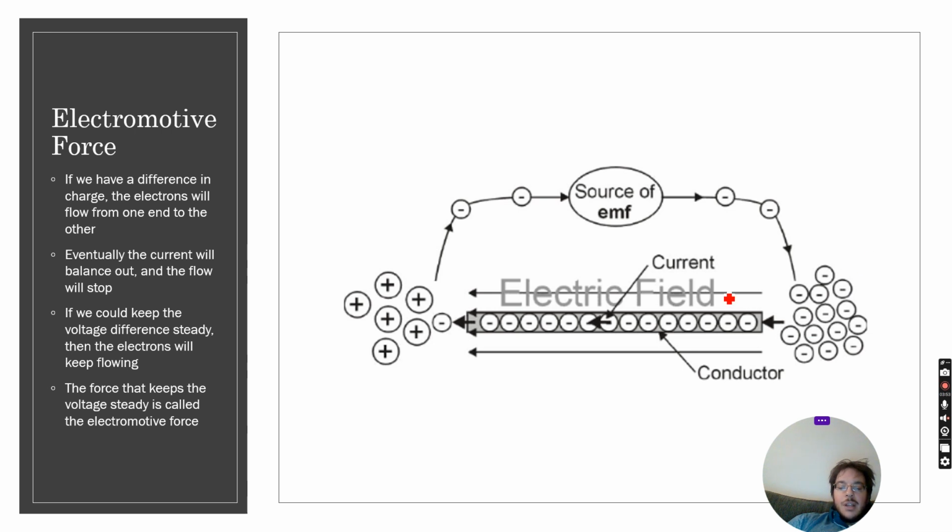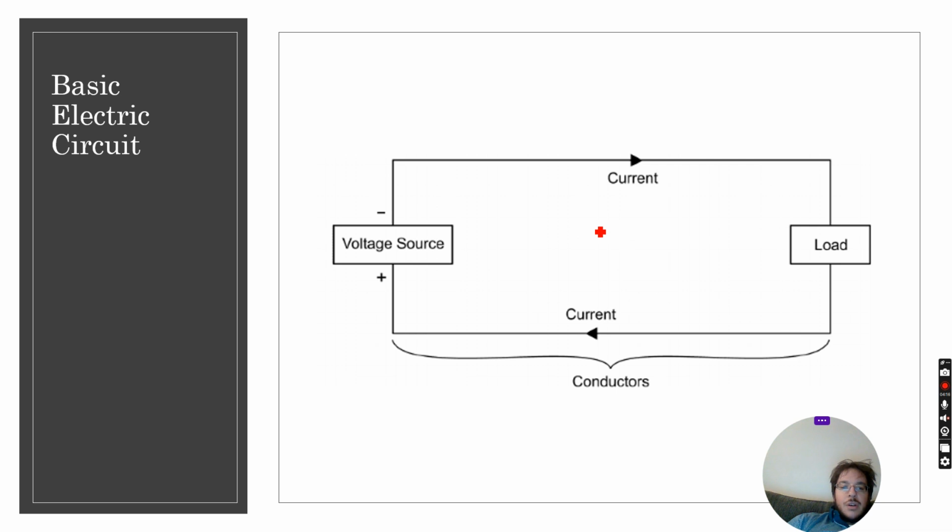So we'll have an equal amount of positive and negative on each side, and then when we do, the flow stops because there's no more attraction. But if we had a way to keep the voltage difference steady, we would have flow forever, and we call that electromotive force, or EMF.